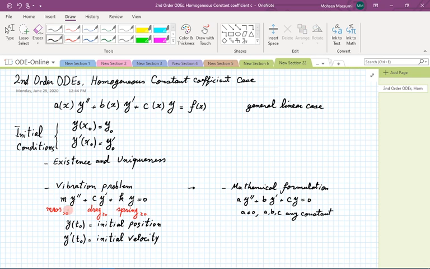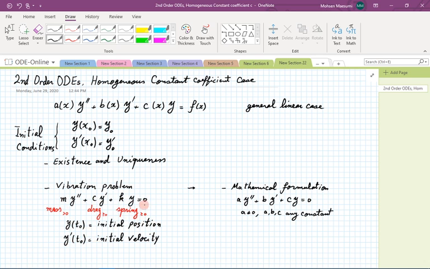So we had my double prime plus cy prime plus ky equal to 0. m was representing the mass, c was drag, and k was spring. These were positive numbers. And y of t0 meant the initial position, and y prime of t0 meant the initial velocity. That is our long-term goal, to understand how the vibration goes.